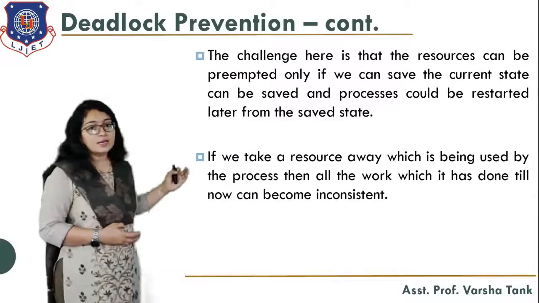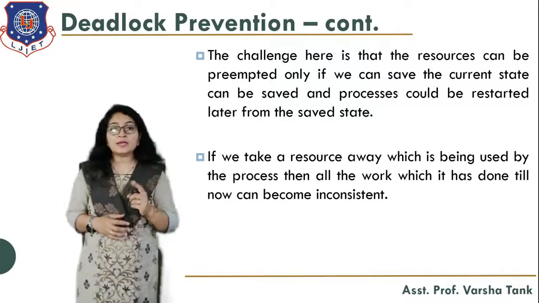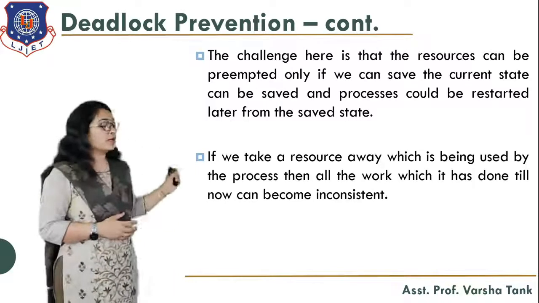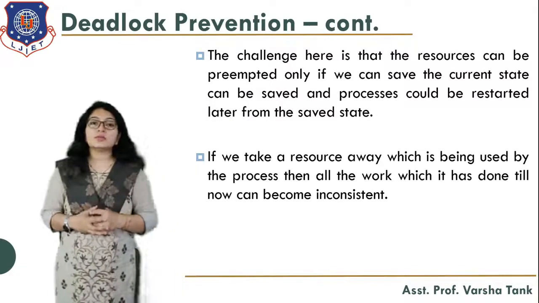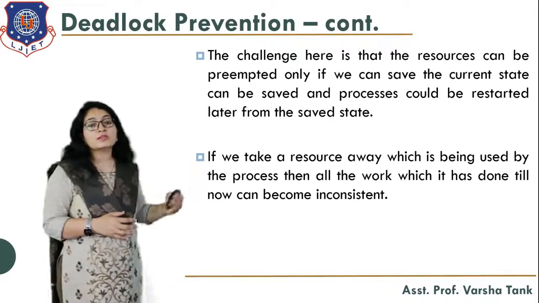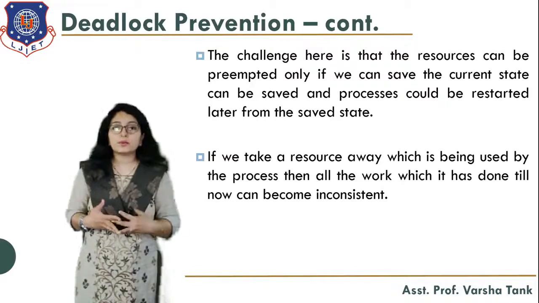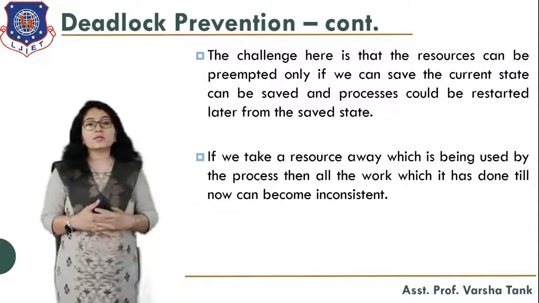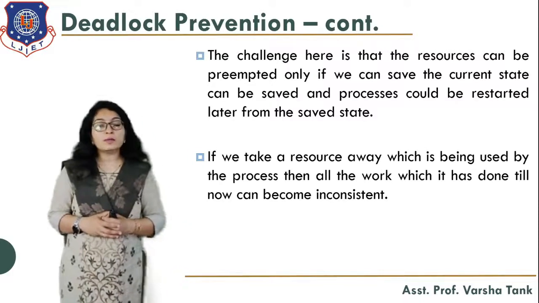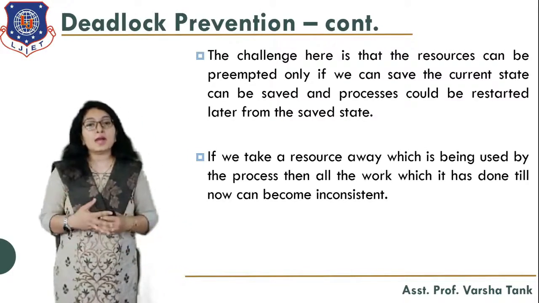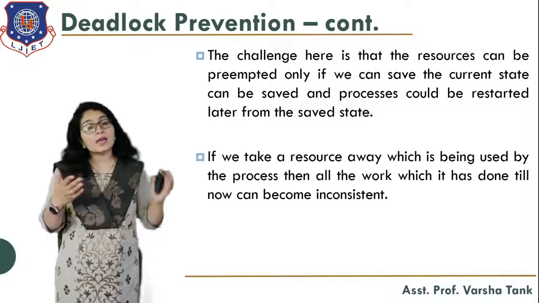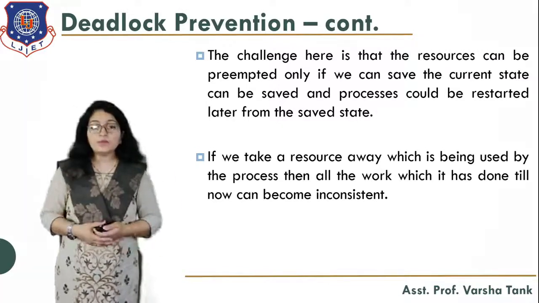The challenge here is that the resources can be preempted only when we can save the state. Okay, we can preempt the resource only when we can save the state. For example, if we take away a resource which is being used by the process, then all the work which has been done till now can become inconsistent. So if you are not able to save the state, what will happen? That is inconsistency. That means if you cannot save the state, the process has to restart. Okay.